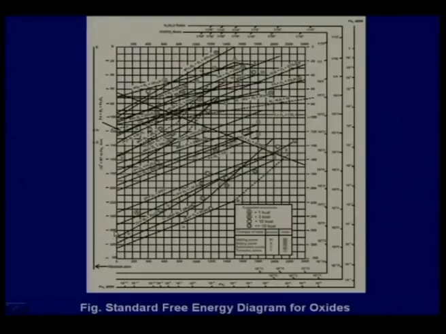Now, they are always plotted by writing the reaction with one oxygen molecule, like we write 2 Ti plus O2 is equal to 2 TiO2. So, it is giving free energies of formation of 2 TiO2, not 1 TiO2. If you take vanadium, it plots free energies of formation when the reaction is this.